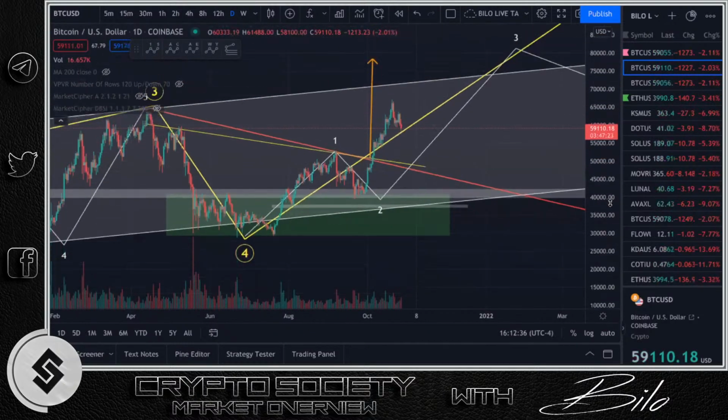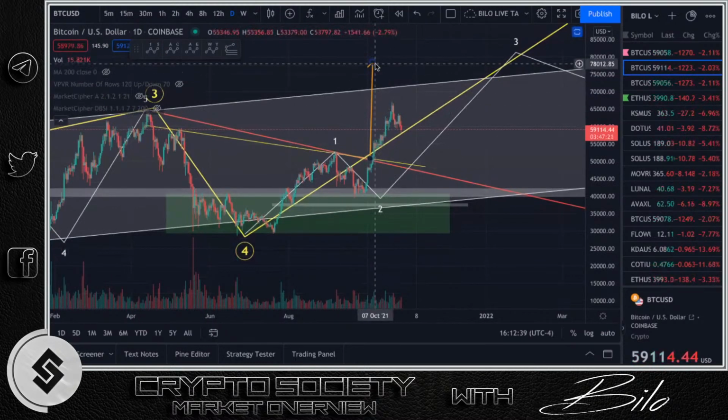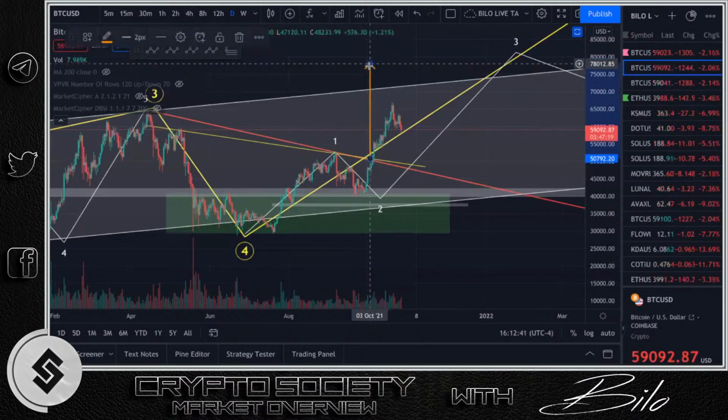That's just basic wave analysis. So if we do that, we reach this zone here of about 78K, just based on a head and shoulders scenario.